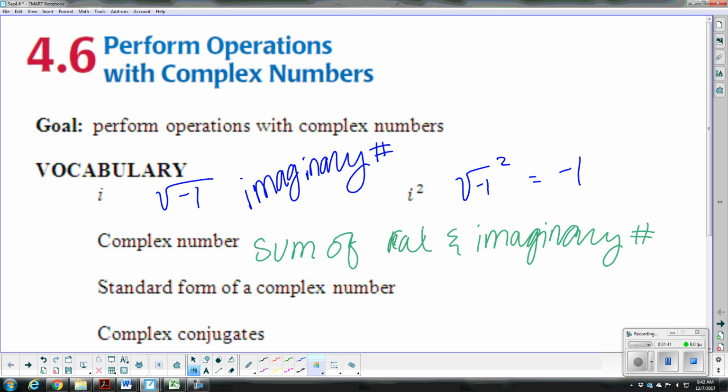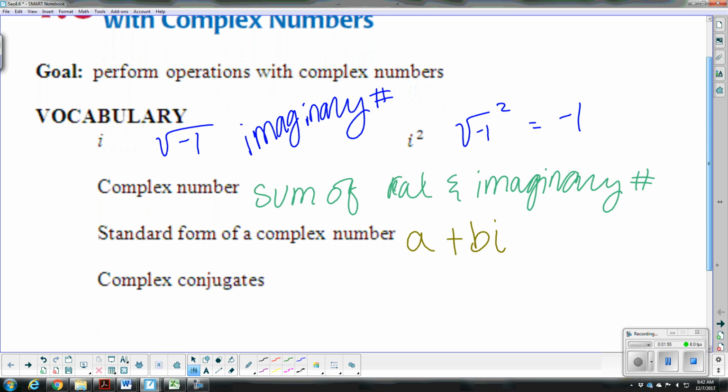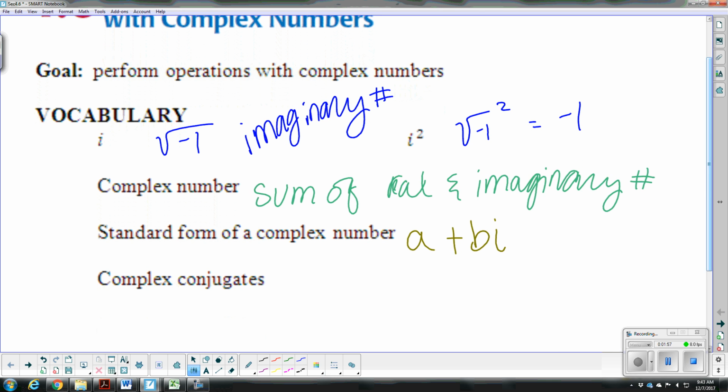And then the standard form of a complex number is the real number, a, plus the imaginary number, bi. So whatever your imaginary number is comes second when you're writing complex numbers in standard form.